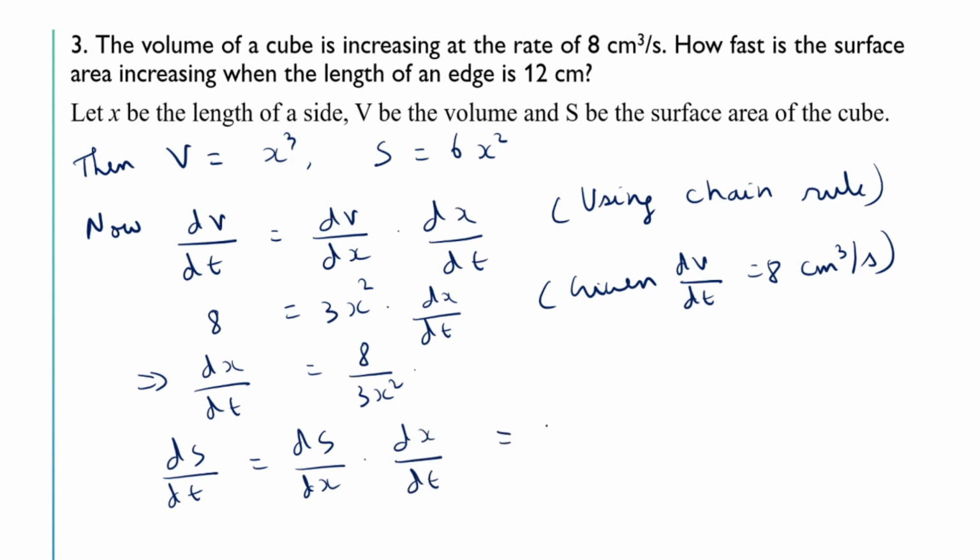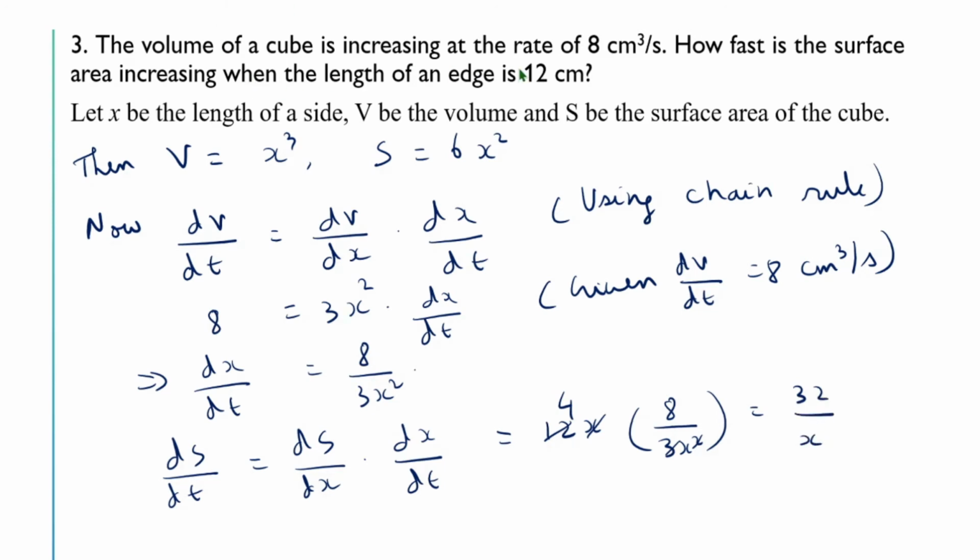Here S is 6x², so the derivative of 6x² is 12x. 12x into dx/dt, which we got as 8 by 3x², is equal to 32 divided by x.